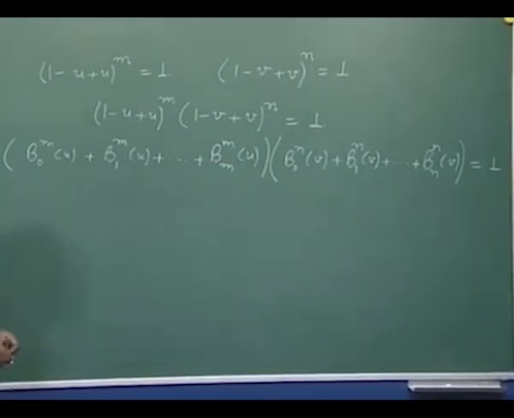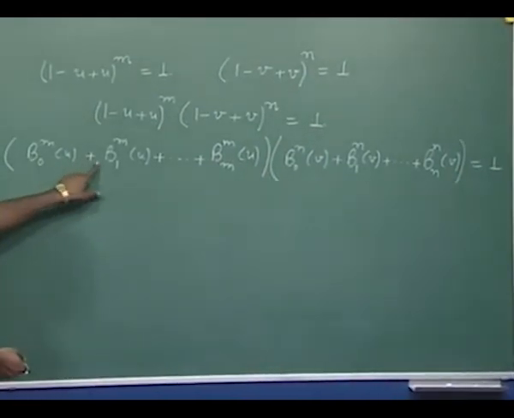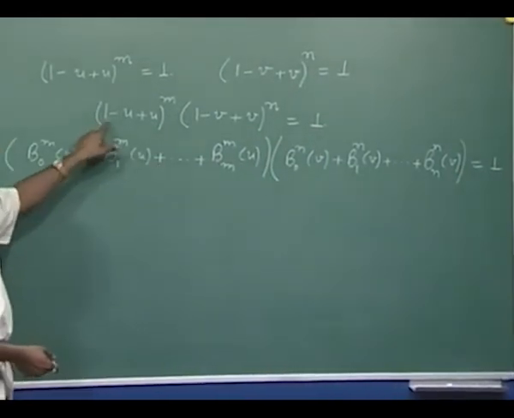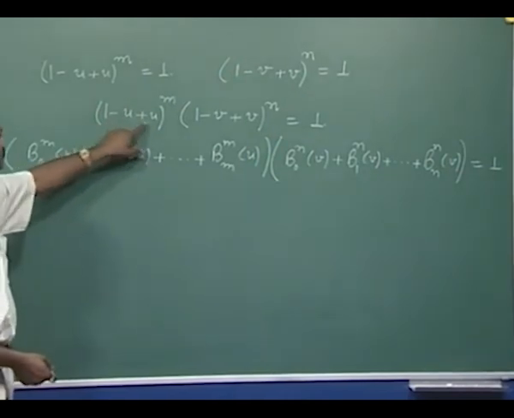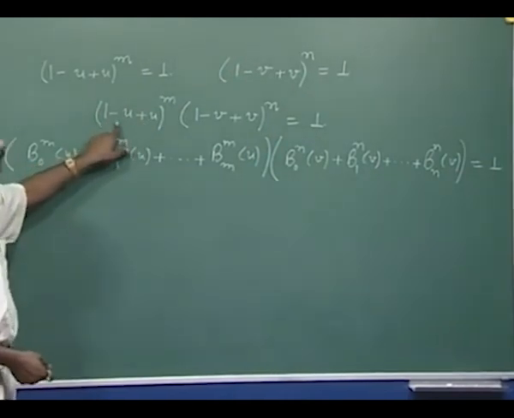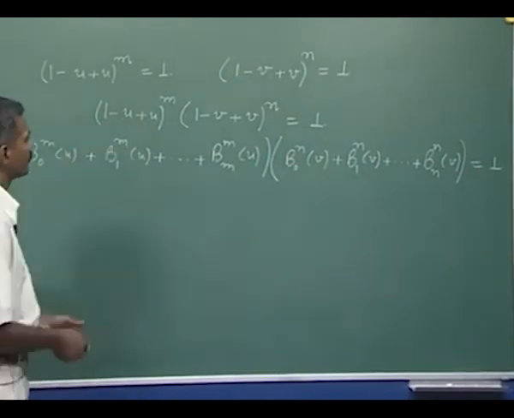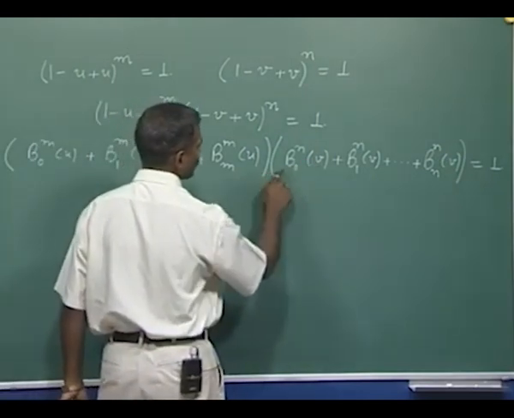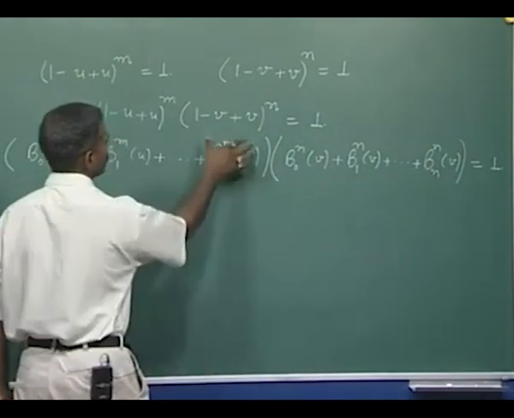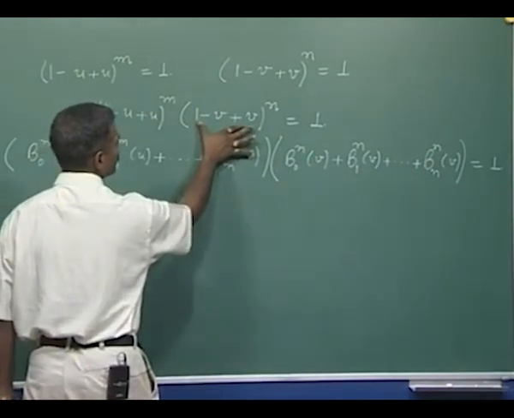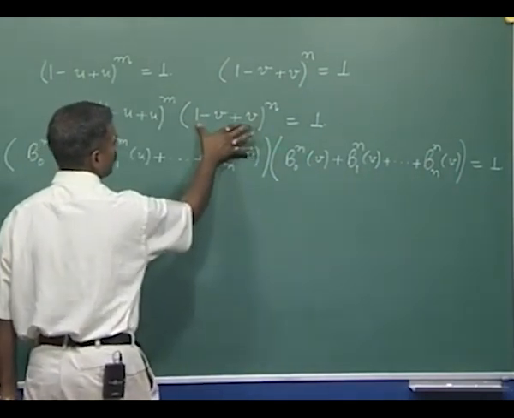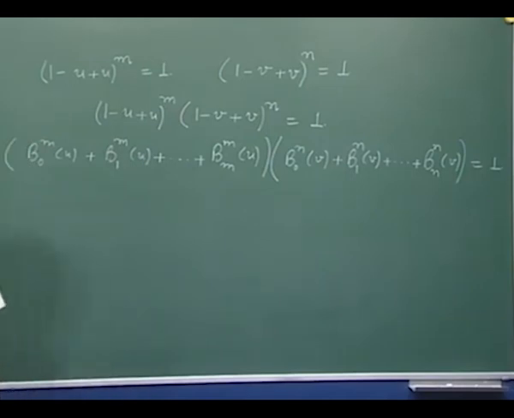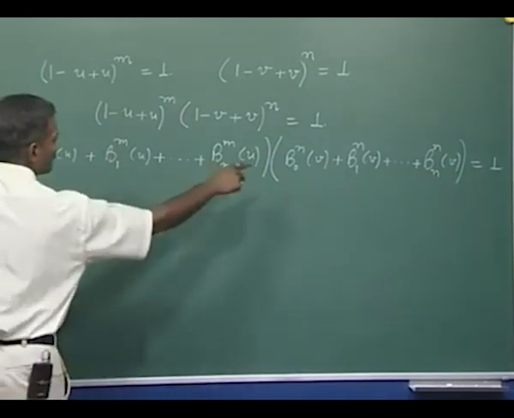You would have realized that the Bernstein polynomials form individual terms in this binomial expansion, and B_j^n(v), all of these terms over here, are individual terms appearing from this binomial expansion. We can write this equation in short form.